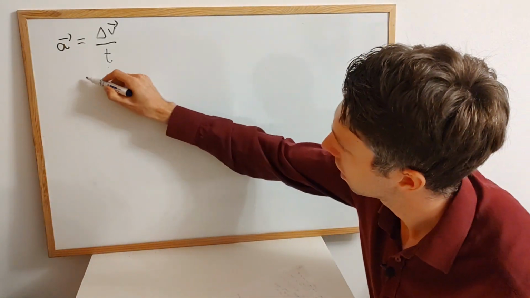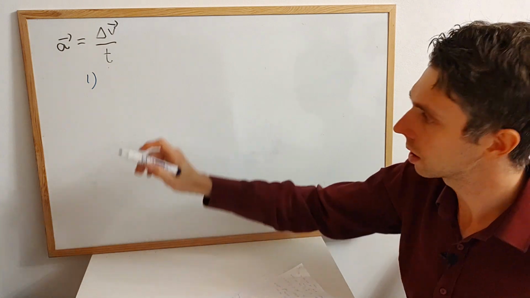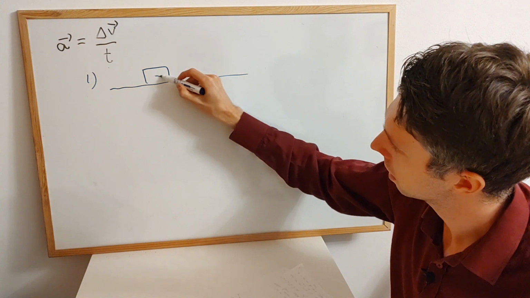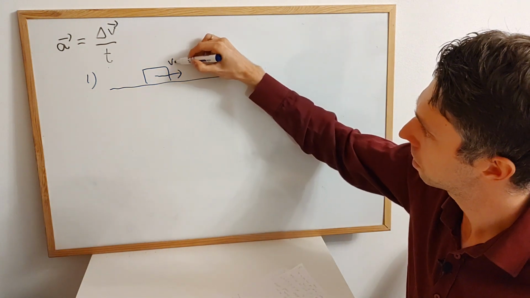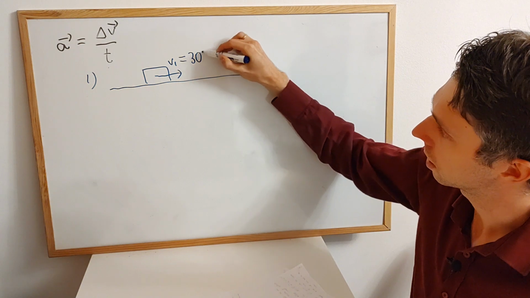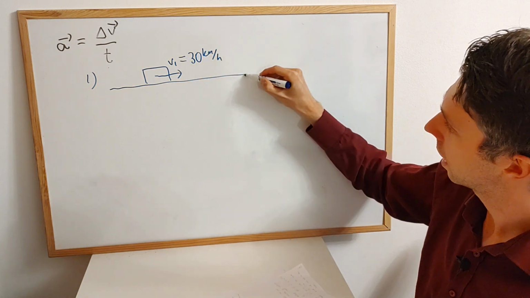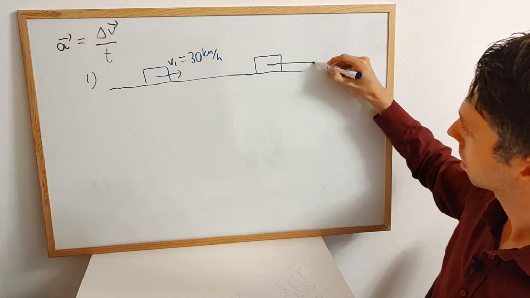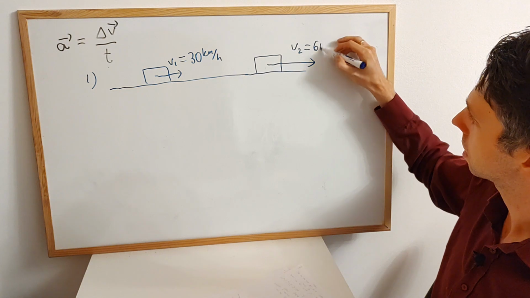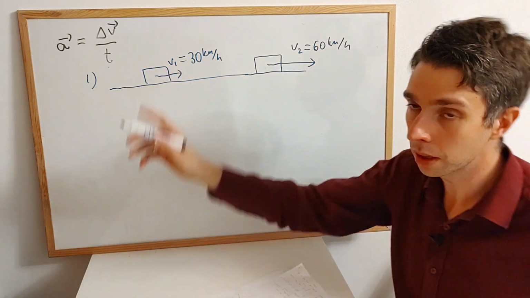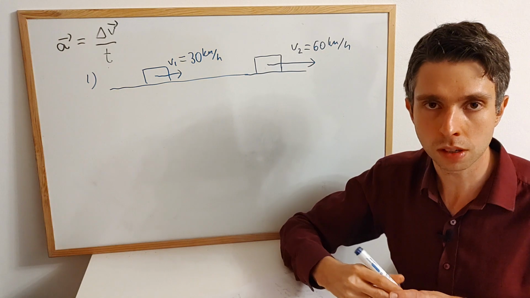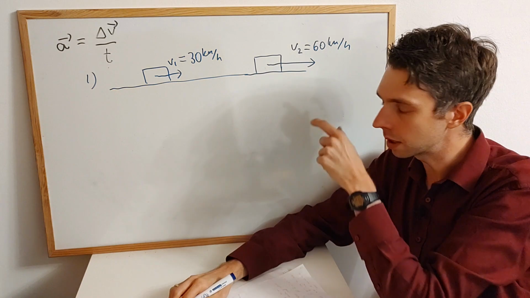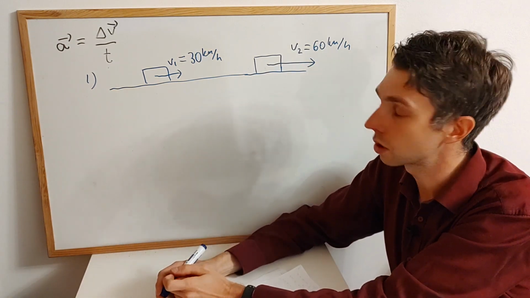So the first is pretty obvious. Suppose this is a road and this is a car, and first it goes with speed v1, 30 kilometers per hour, and after some time somewhere further it goes with speed 60 kilometers per hour. So you have acceleration because speed changed, or I mean the instant speed changed.